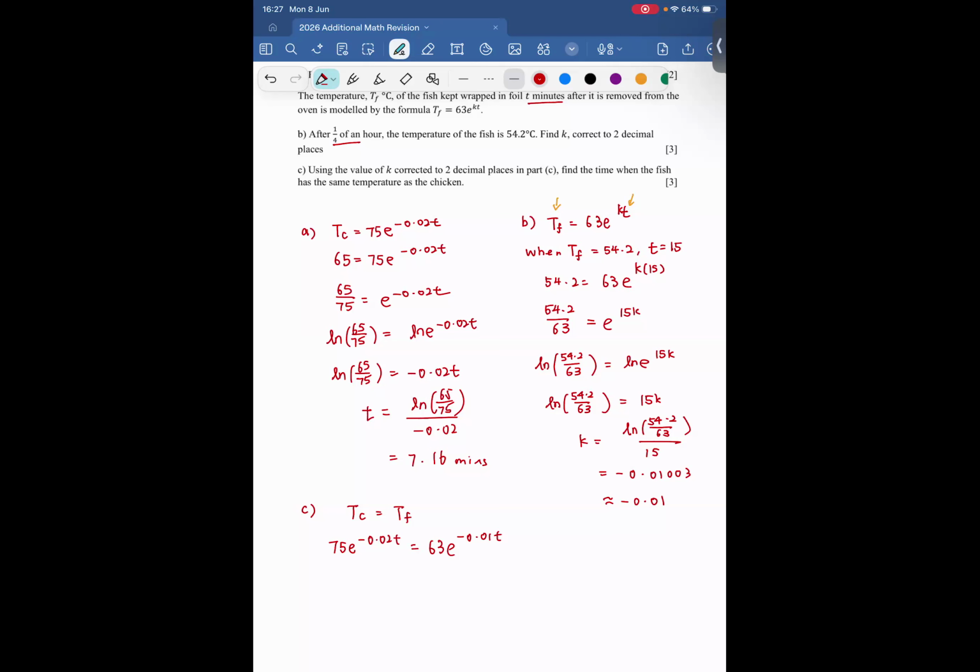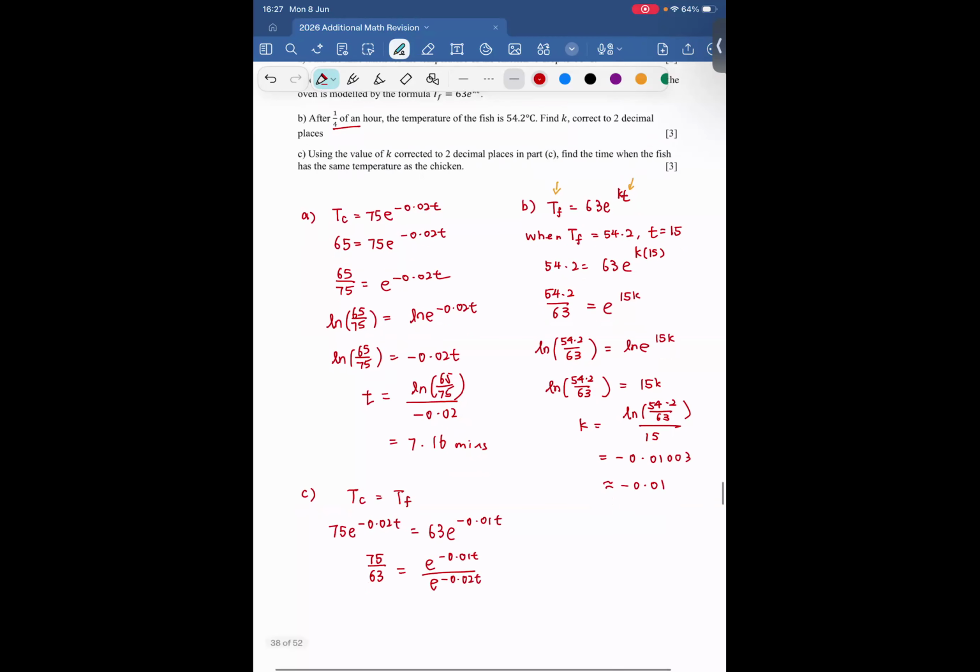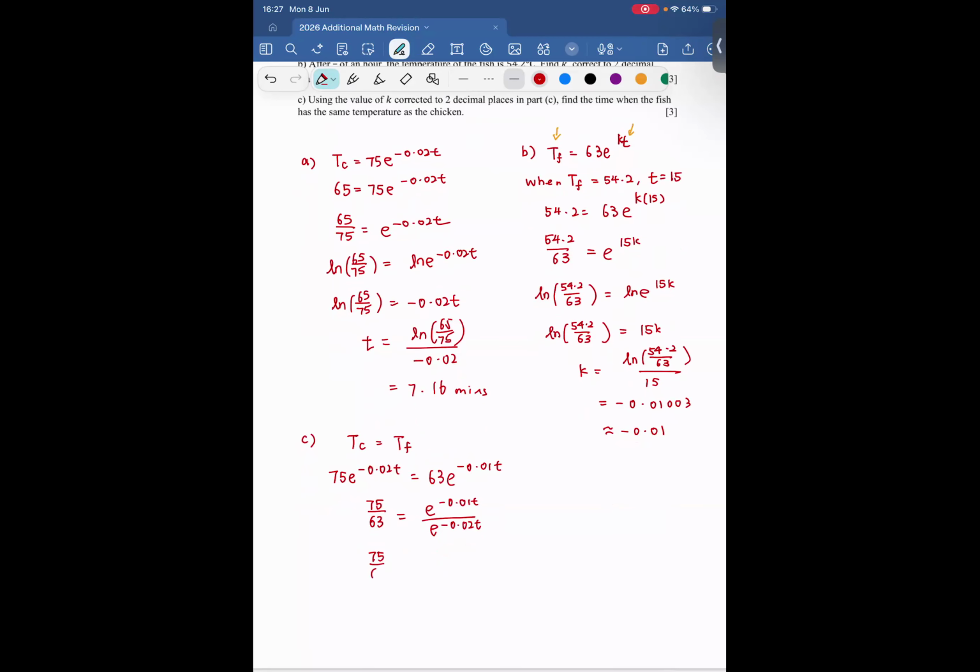So how do we do this? You can bring everything to one side. You can bring all the number to one side. So I bring the number to one side, I divide by 63. I bring this to this side. So this becomes e to the power of this divide by e to the power of that. Divide means you subtract the power. So this become e to the power of 0.01 t.